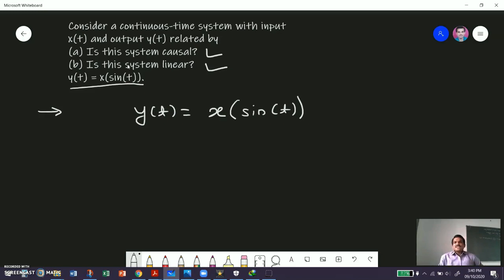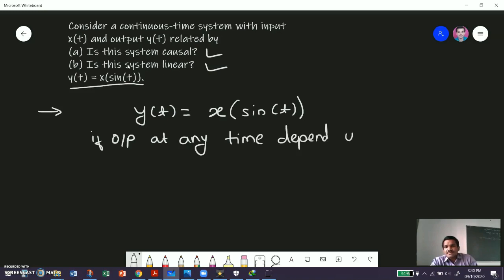So what is the causality principle? The system is said to be causal if the output at any time depends upon the present input and past input.